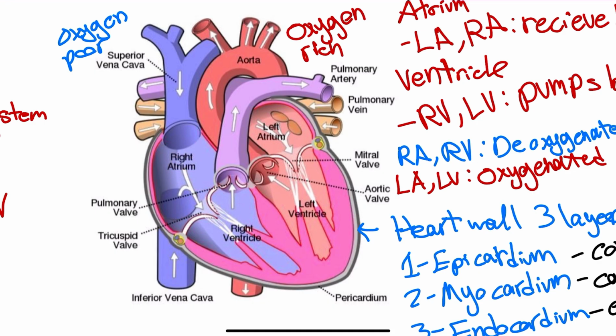So they are AV or atrioventricle valves. The two kinds of atrioventricle valves is the tricuspid valve because it has 3 legs. It's not shown here, but it has like 3 legs. And then your bicuspid, or sometimes called the mitral valve, and it has 2 legs. So atrium ventricle, AV valve, atrium ventricle, AV valve. And then you have your semilunar valve, which is going to be right here and right here.